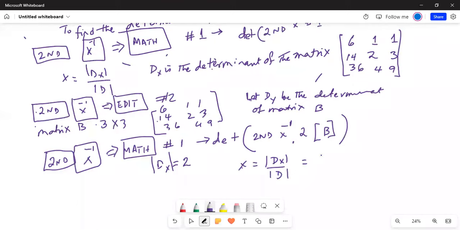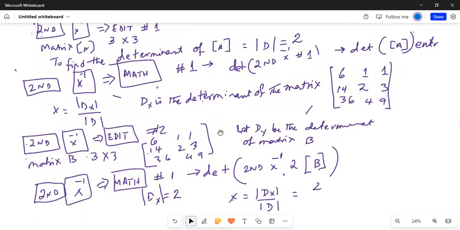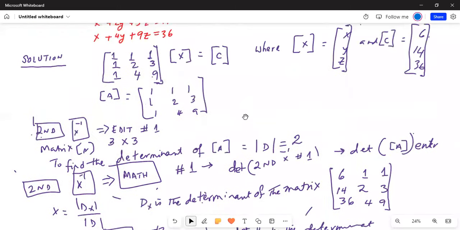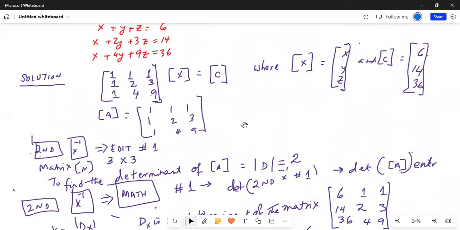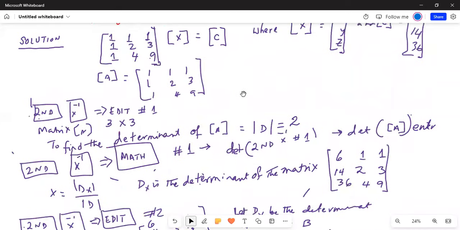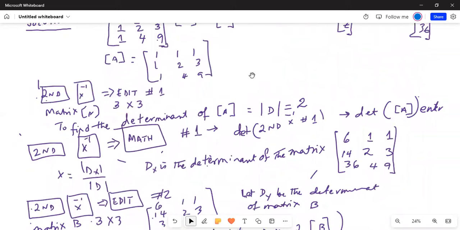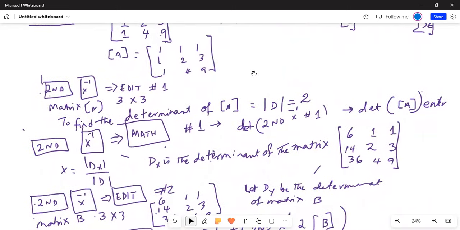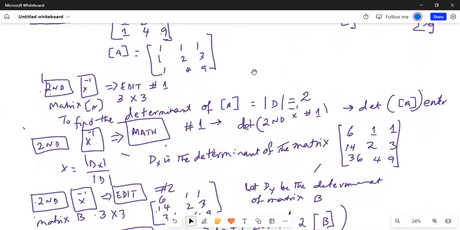Okay. Now determinant of x is 2. And if I remember, let's move it up and see what is the actual determinant of the coefficient matrix. So I believe it is 2, right? The determinant of the matrix, yes, determinant is 2.